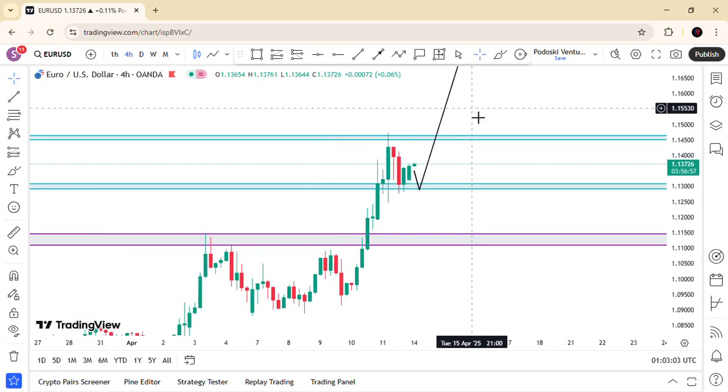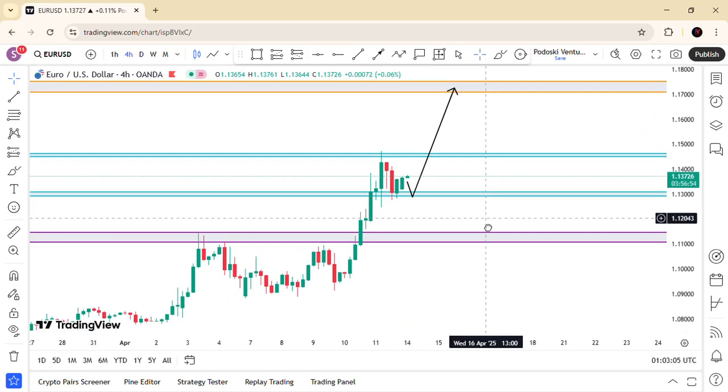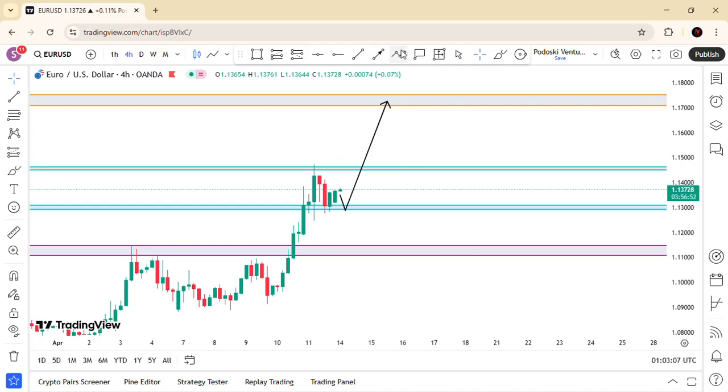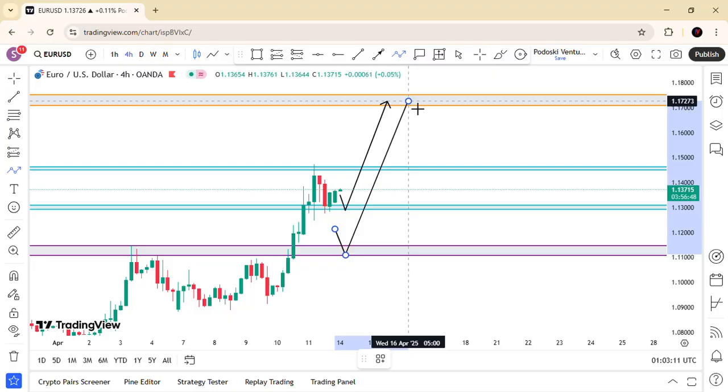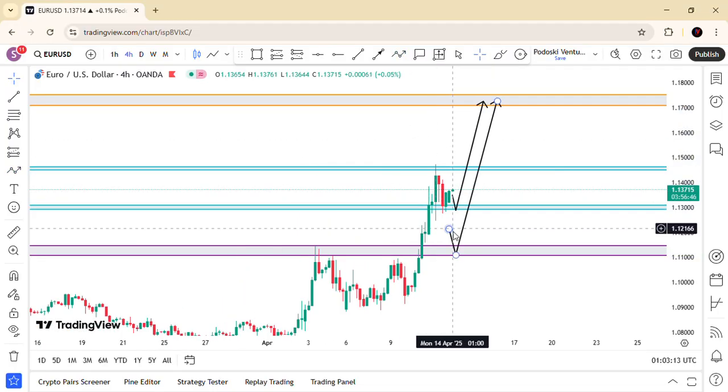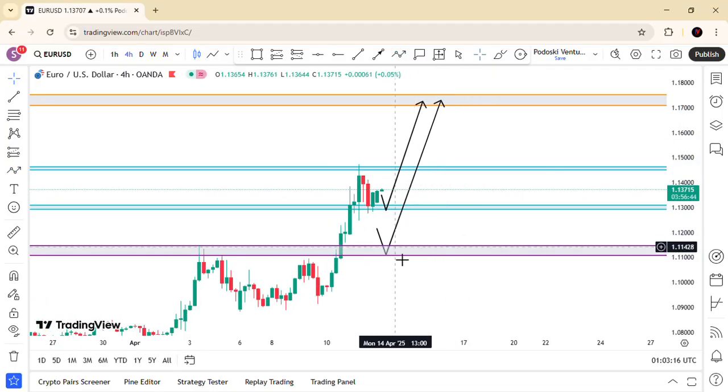But if we are buying Euro USD, take note that price hasn't tapped into the monthly zone. There should be a retest at the monthly zone, but it hasn't happened yet. So if you are buying from here, you should be very cautious.